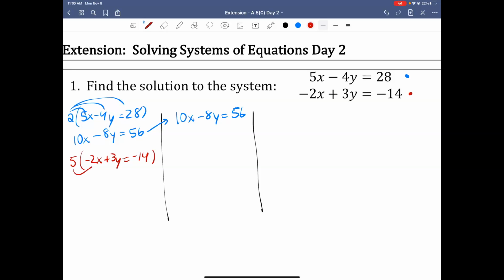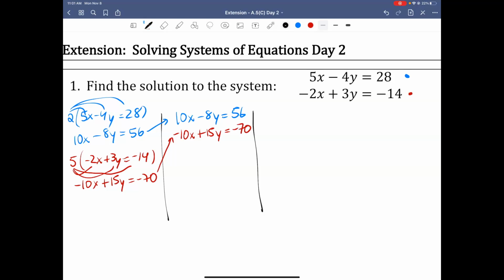Distributing here is going to give me 5 times negative 2x, which will be negative 10x. 5 times 3y, which will be positive 15y, is equal to 5 times negative 14, which will be negative 70. I can then copy and paste that equation into the second column. Negative 10x plus 15y is equal to negative 70.